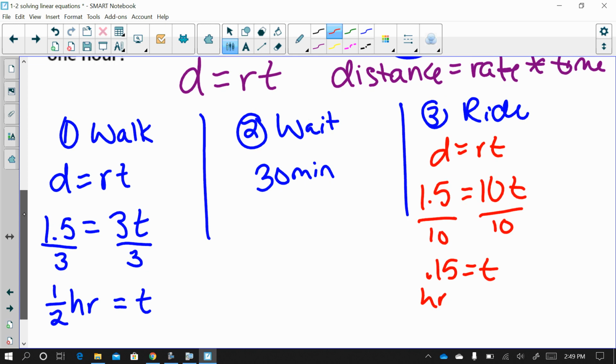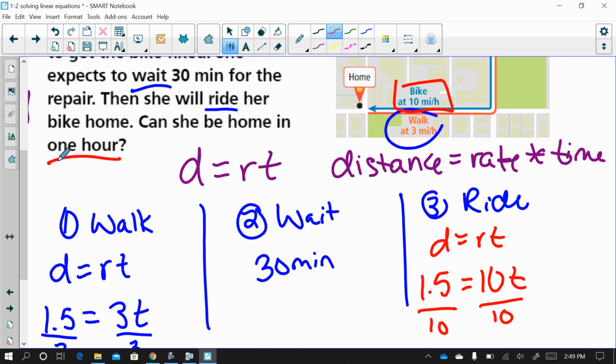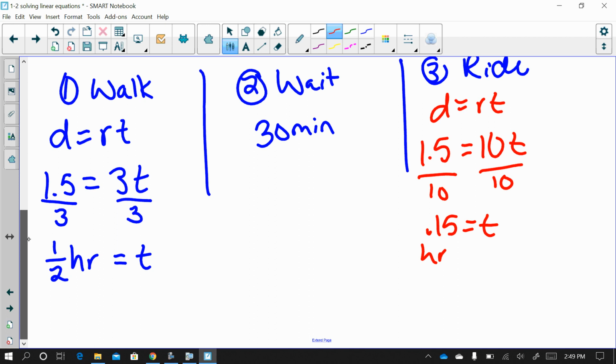So the question says, can she be home in 1 hour? Well, I have 1/2 hour here, 30 minutes here, 0.15 of an hour here. What's my total time? 30 minutes is not the same unit as the others. 30 minutes is how much of an hour? 30 minutes is 1/2 an hour.